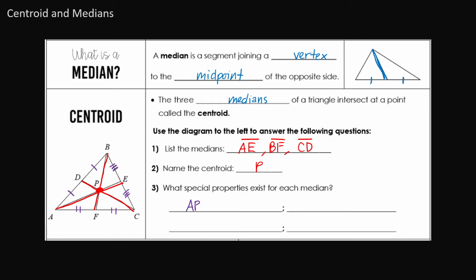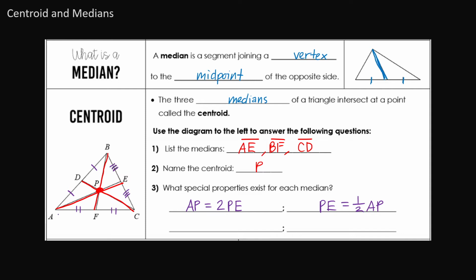AP is actually equal to double PE. So PE times 2 is going to equal AP. The larger portion of the median is equal to double the shorter portion of the median. Conversely, we know that PE is equal to half of AP. So basically, these are the same equations, just reversed.